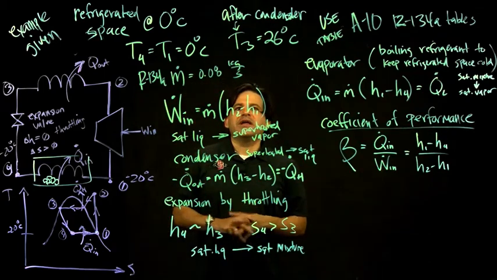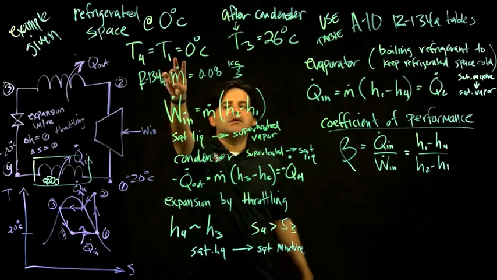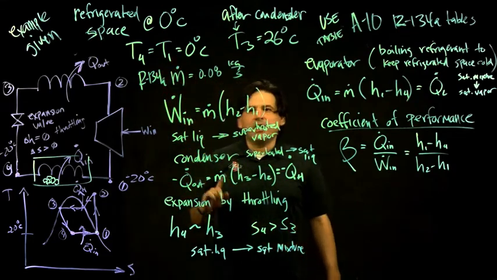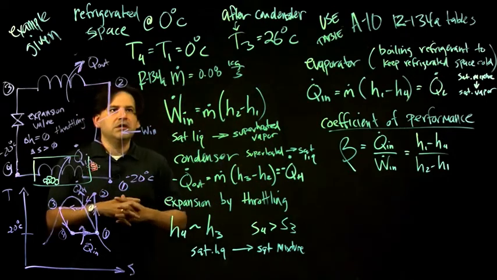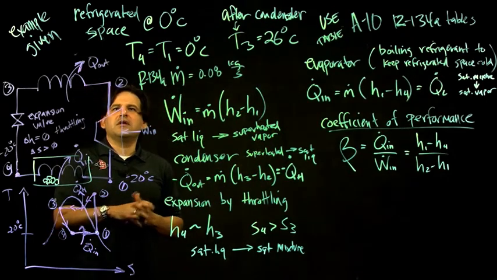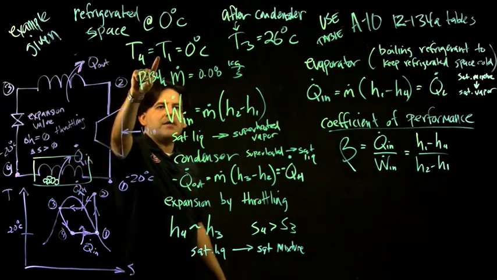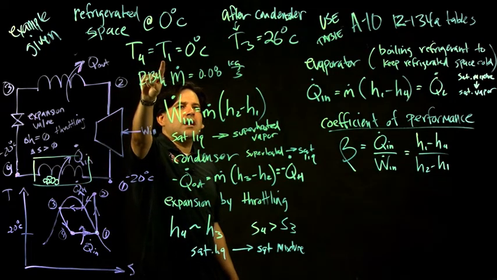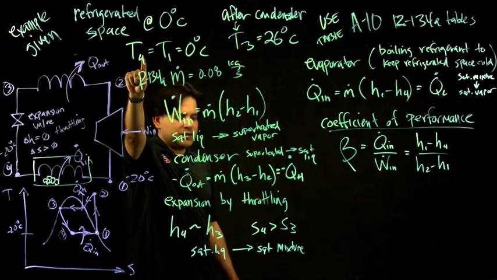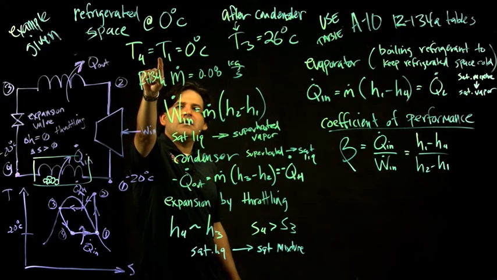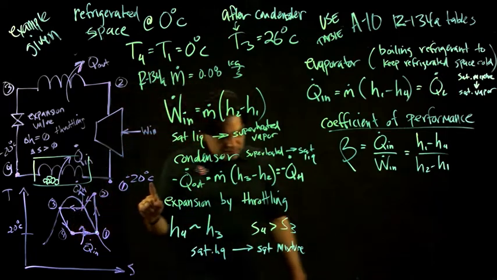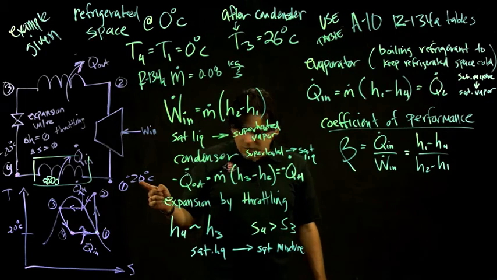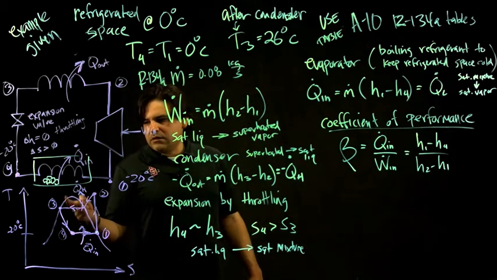And what we're given is temperatures, which is good. The other thing, if we're using this ideal vapor compression cycle, is that what we know so far is the temperature at the evaporator and the temperature at the condenser. Starting from the temperature at the evaporator, that tells us that this temperature is there.